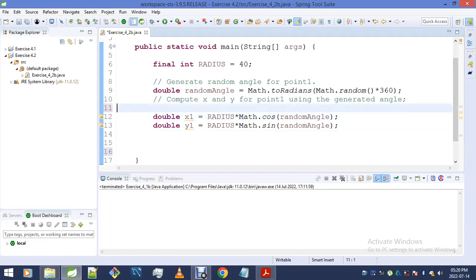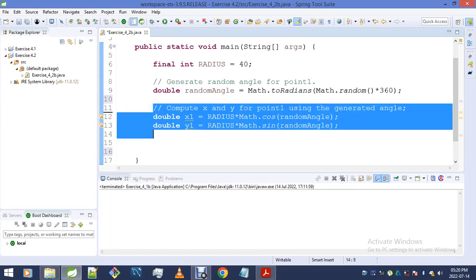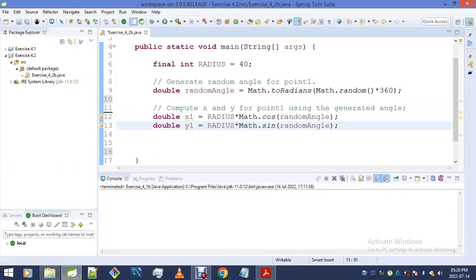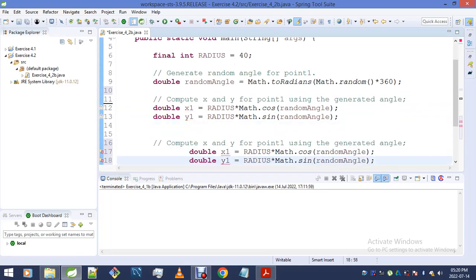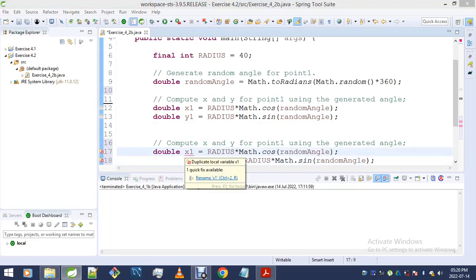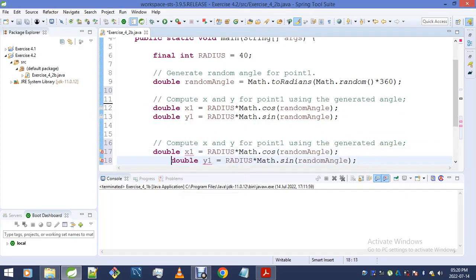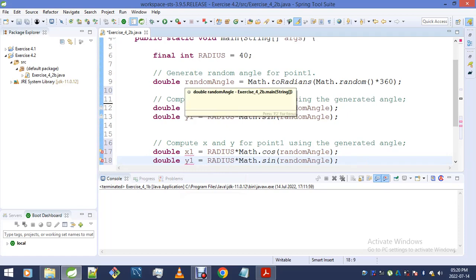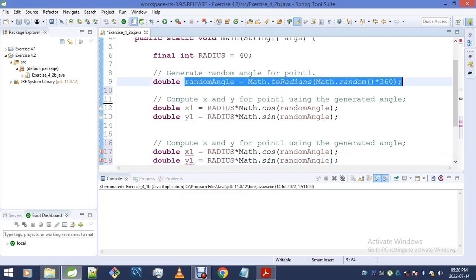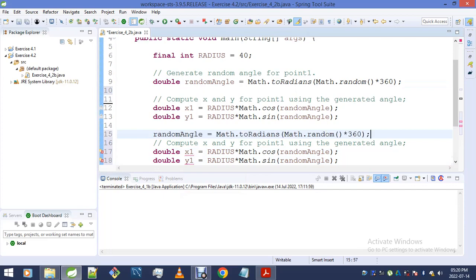Okay, let me continue. That right there will take care of my first point. Now that I want my second point, I would have to again randomly generate an angle for point 2 now.